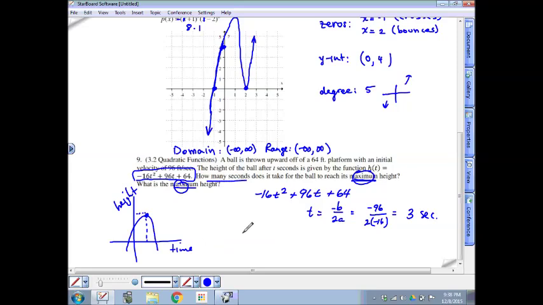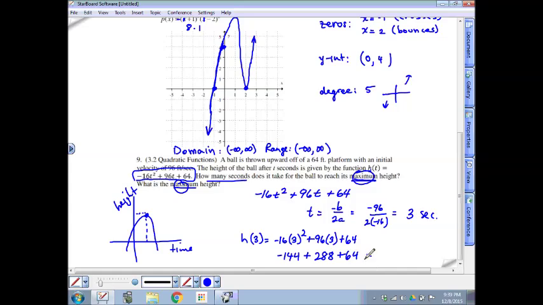Now we actually need to find the maximum height. So the height at 3 seconds is equal to, plugging in the 3 for t, and let's see, 3 squared is 9, 9 times negative 16 is negative 144, and 96 times 3 is 288, plus 64.